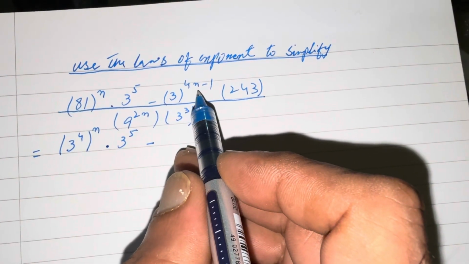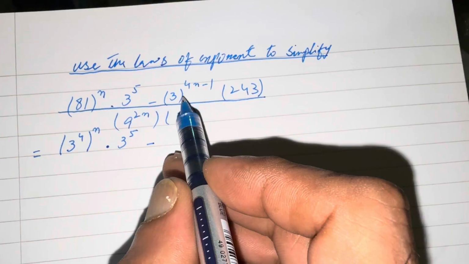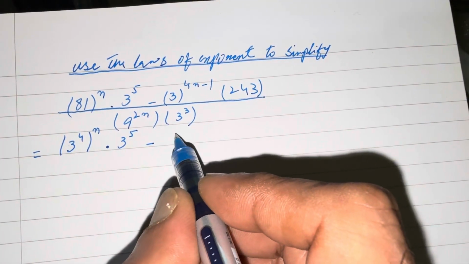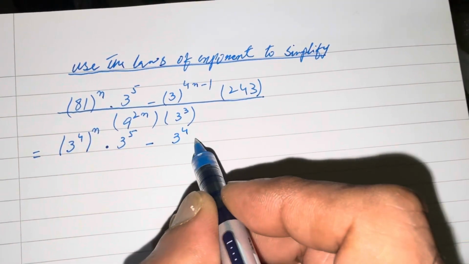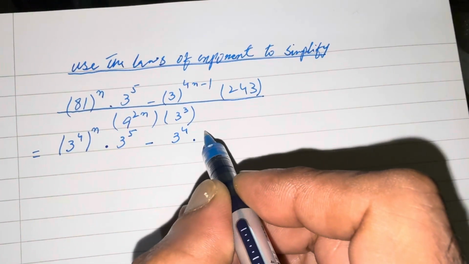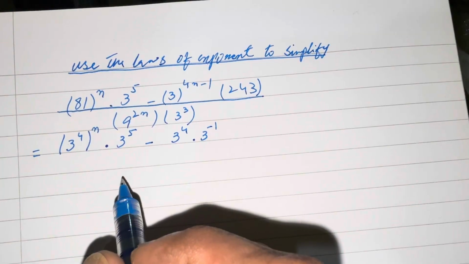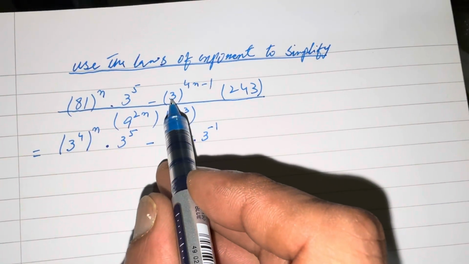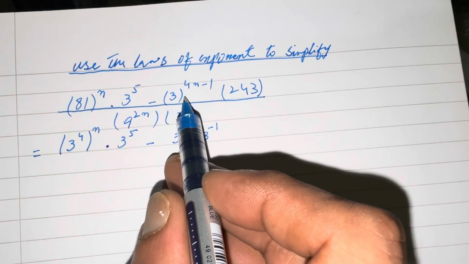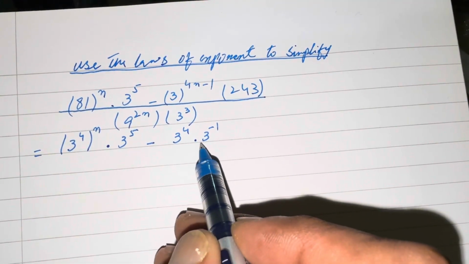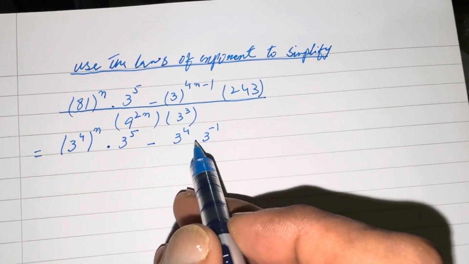If we apply the law of exponents, this expression can be written as 3 raised to power 4n multiplied by 3 raised to power minus 1. So we have split this term into this term by using the law of exponents.